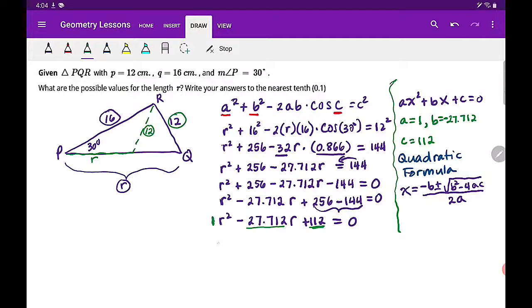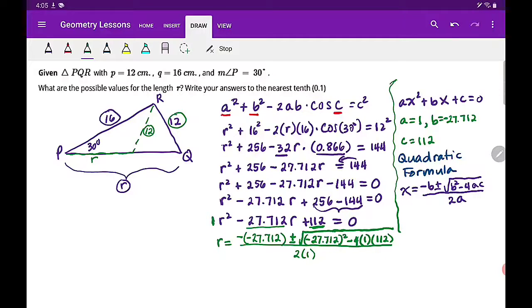It's going to be r is equal to negative of negative 27.712 plus or minus the square root of negative 27.712 squared minus 4 times our a is 1, our c is 112, all over 2 times 1.